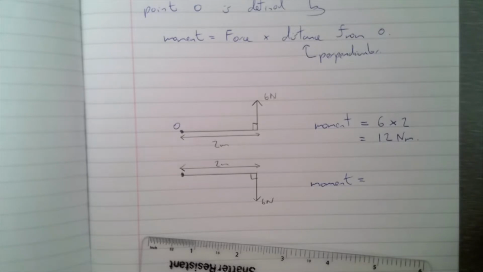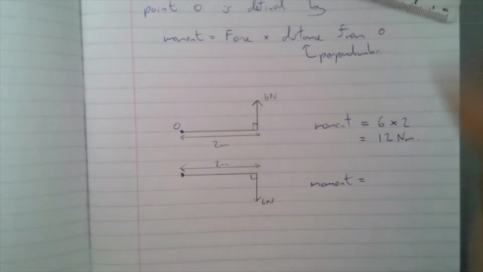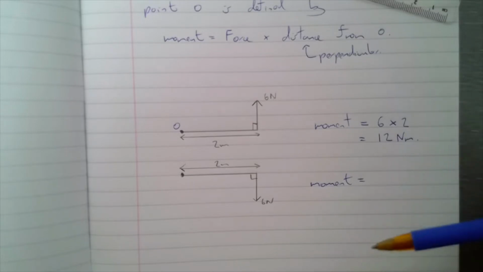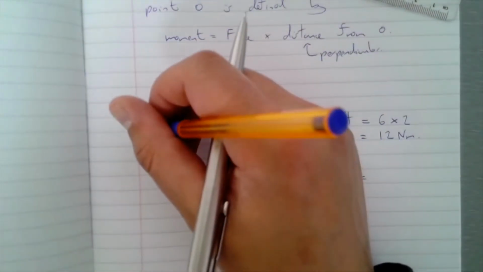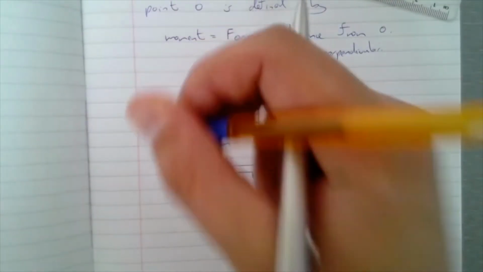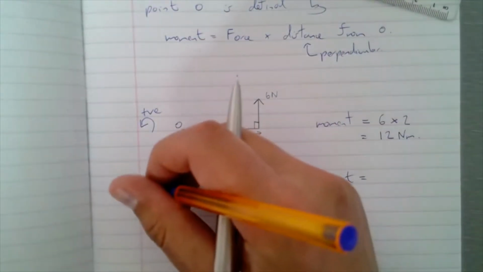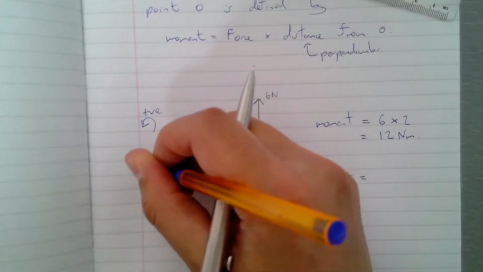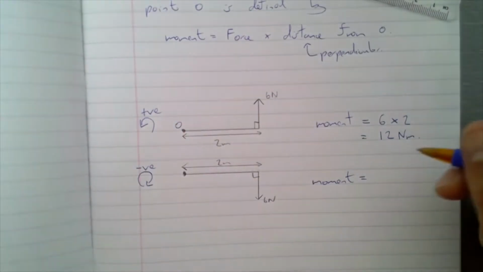So when I'm doing a question, and when you're doing questions too, you should be thinking about clockwise or anti-clockwise. The ones that go anti-clockwise are thought of as positive, just like in many other areas of maths, and the ones that go clockwise are thought of as negative moments.